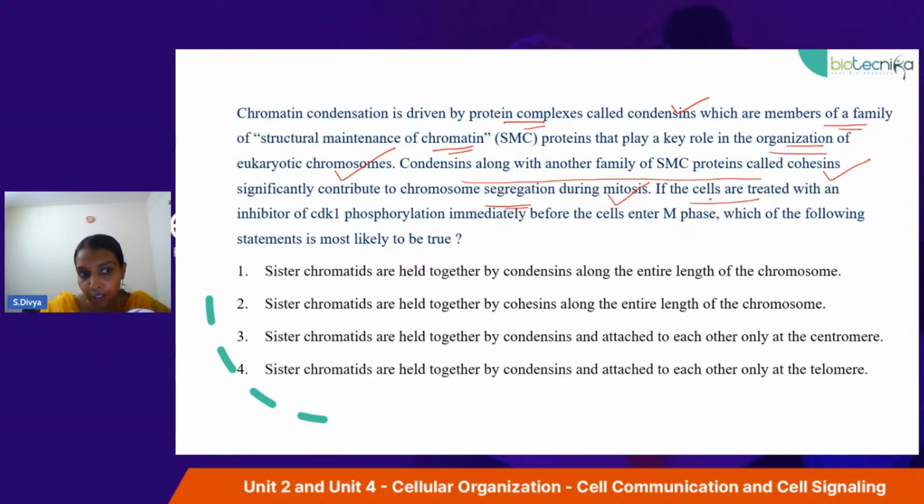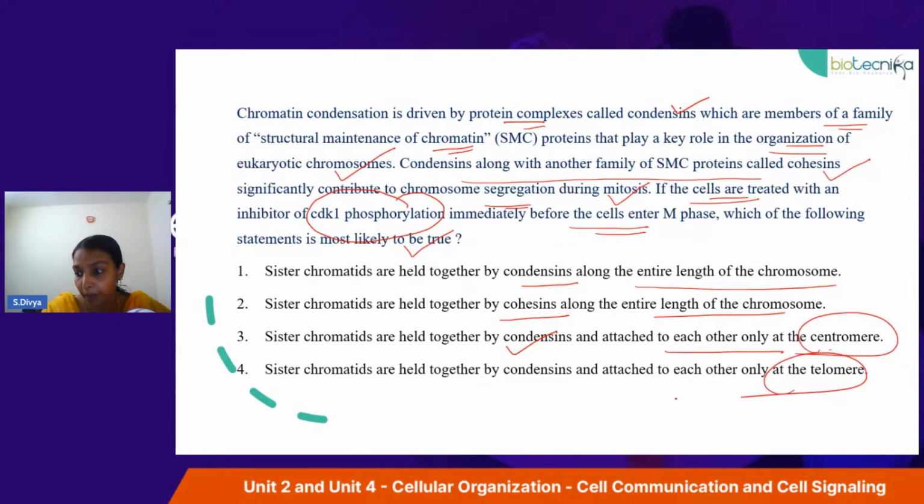If these cells are treated with an inhibitor of CDK1 phosphorylation before entry into the M phase, which statement is likely to be true? Sister chromatids are held together by condensins along the entire length of the chromosome, or held by cohesins along the entire length, or held by condensins attached to each other only at the centromere or only at the telomere. Find out the correct answer over here.